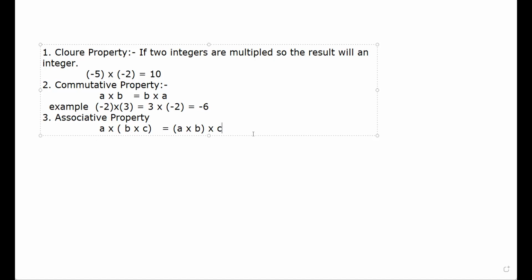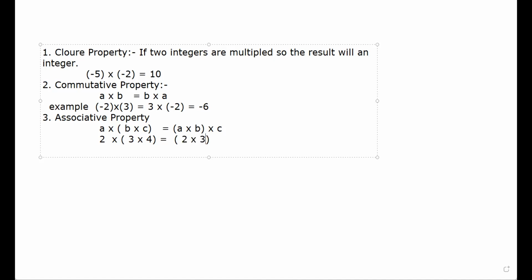So my dear students, suppose we take the numbers where A is 2, B is 3, and C is 4. We multiply 2 into 3 into 4.